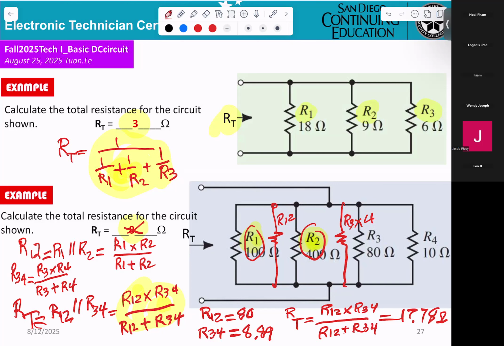Okay, make sure you can get 17.78 ohm. So how much is the total resistance? I can't see the handwriting.